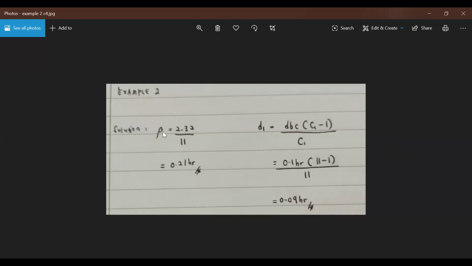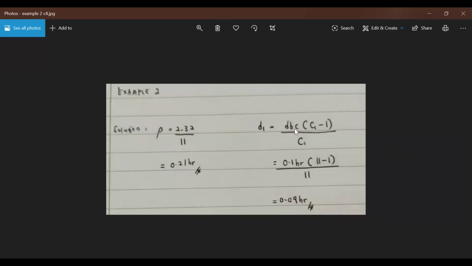Okay, you need to find P first. P equals 2.32 divided by 11, which is 11 containers, and you can get 0.21 hours.